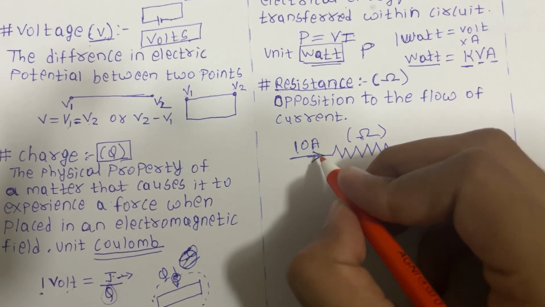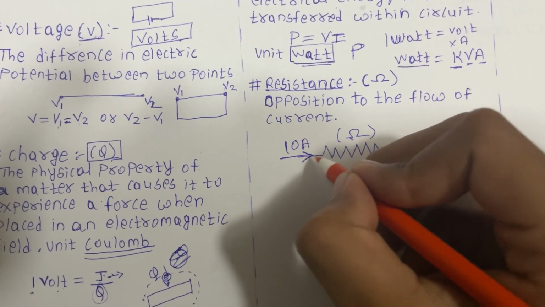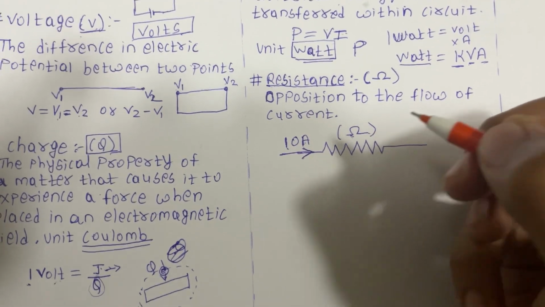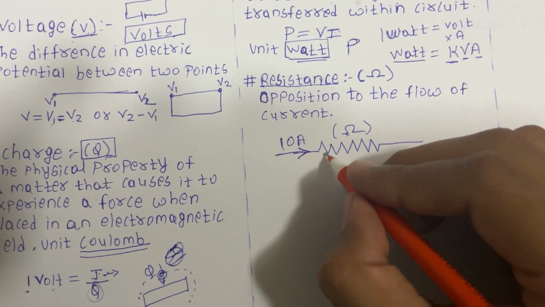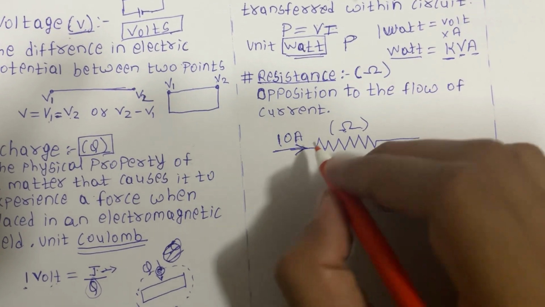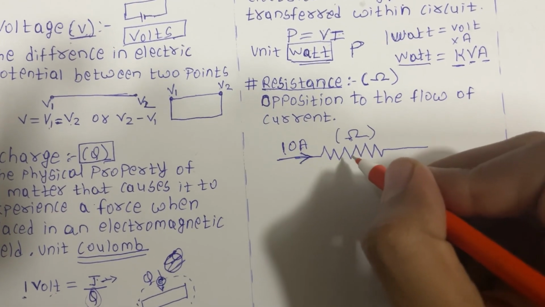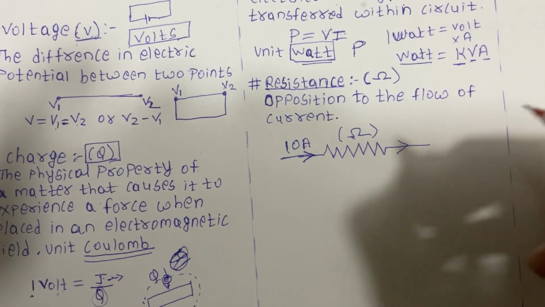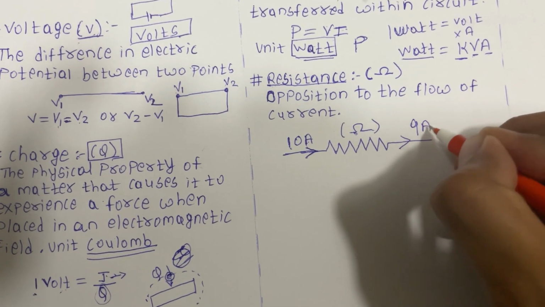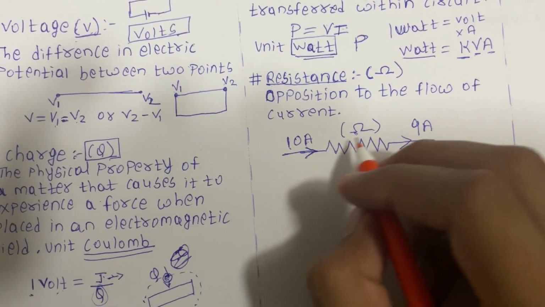Listen carefully. If 10 amperes of current is flowing through this resistor, it will oppose some current, and we will get output as 9 amperes. This is what we call resistance.